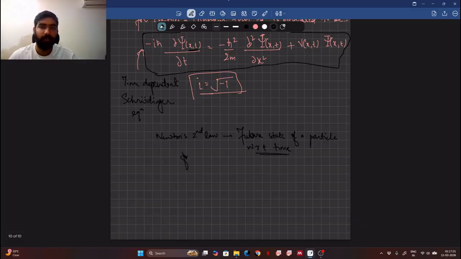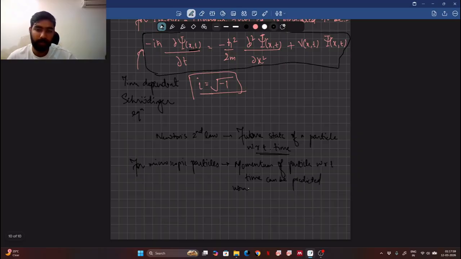But for microscopic particles, the movement of the particle with respect to time can be predicted using the time dependent Schrodinger equation.